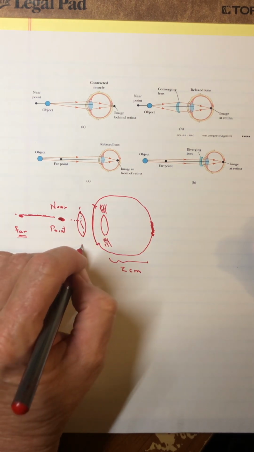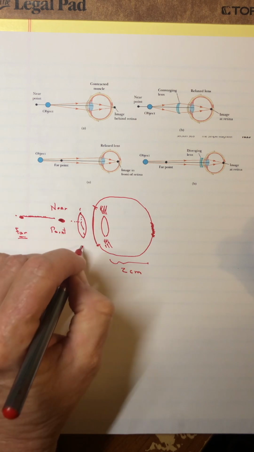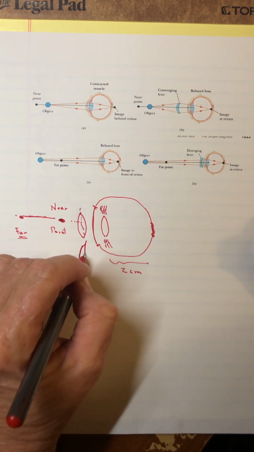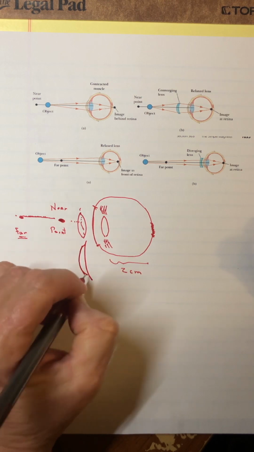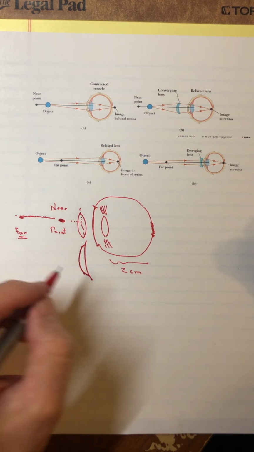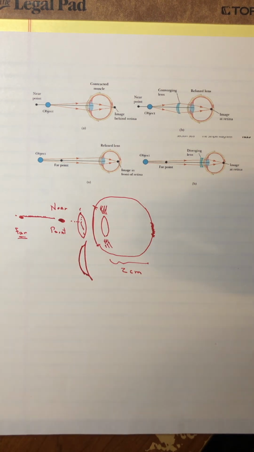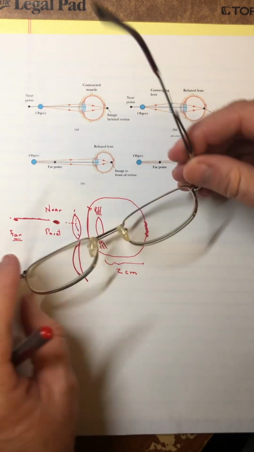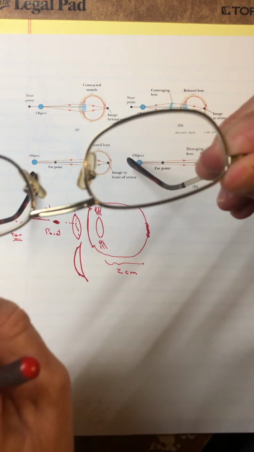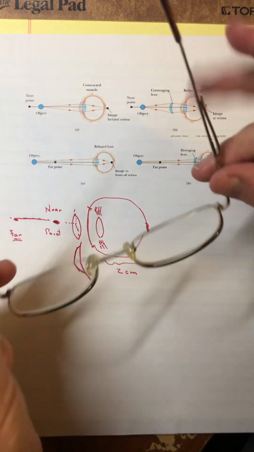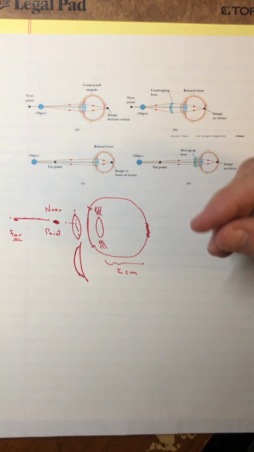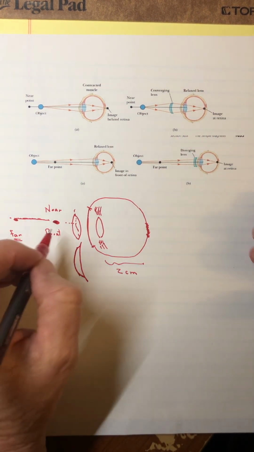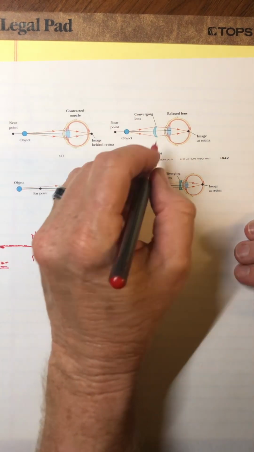You probably want to put one that's got a little more convex curvature and a little less concave. So it's a convex-concave, and that's how these reading glasses are. There's a concave here and a convex here, but it's more convex here than concave there. So the net result is focusing the light. And so this would correct somebody who's farsighted, and that's what your author is trying to point out here.